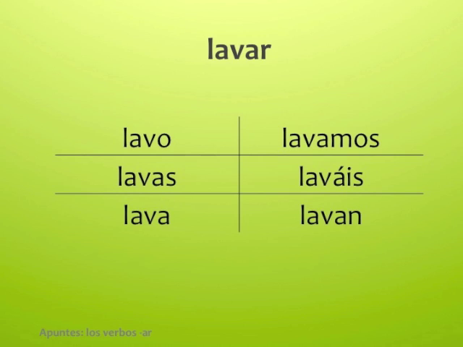Tú lavas, you wash. Él, ella, usted lava, he washes, she washes, or you formal wash. Nosotros lavamos, we wash. Vosotros laváis, y'all wash. And ellos, ellas, ustedes lavan, they wash, or you all wash.